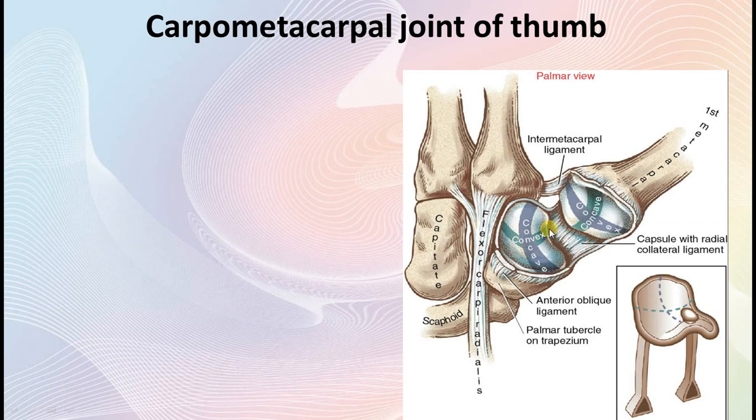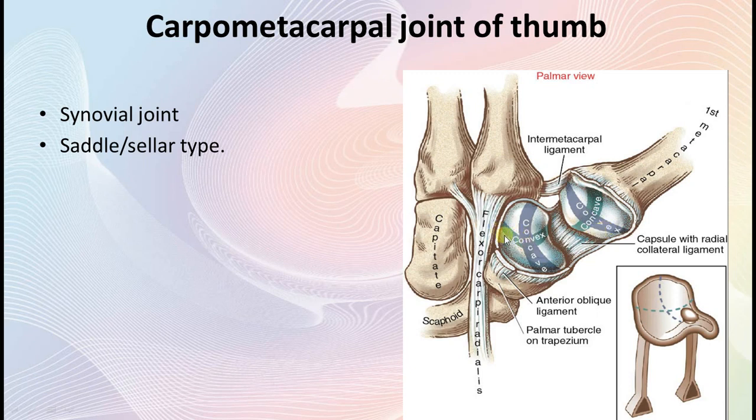Now coming to the carpometacarpal joint of the thumb, or first carpometacarpal joint, however you want, you can call it. It is a synovial joint and it is of saddle variety, which means reciprocally convexo-concave articulating surfaces. You are able to see here that side to side it is concave, whereas here side to side it is convex.